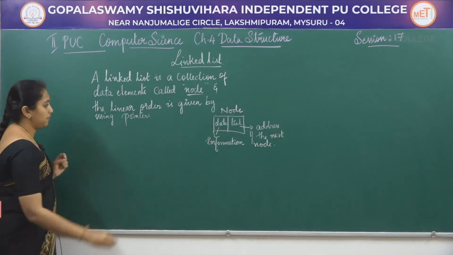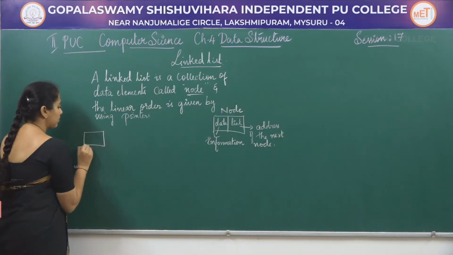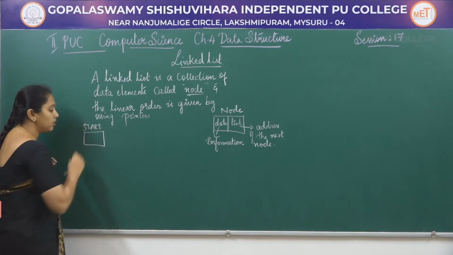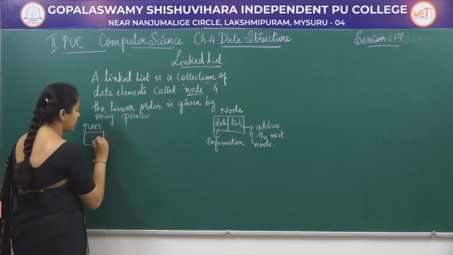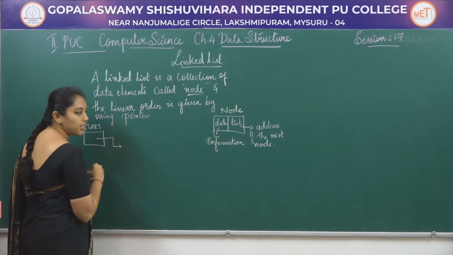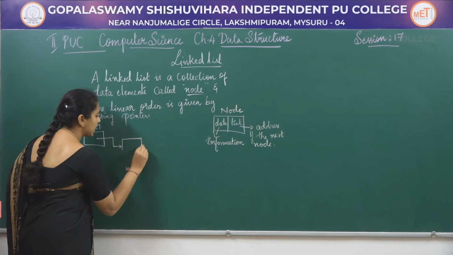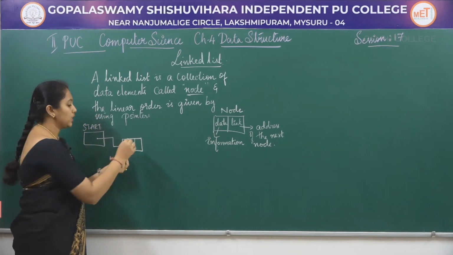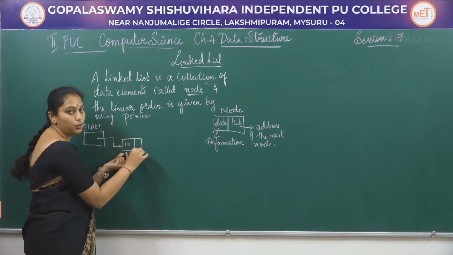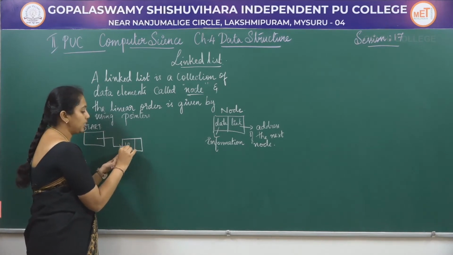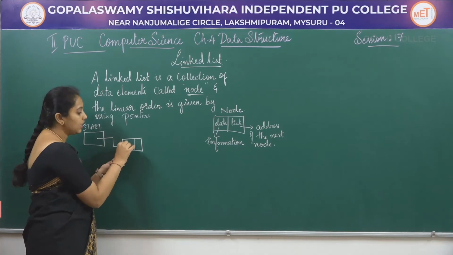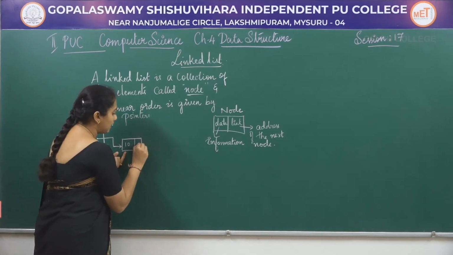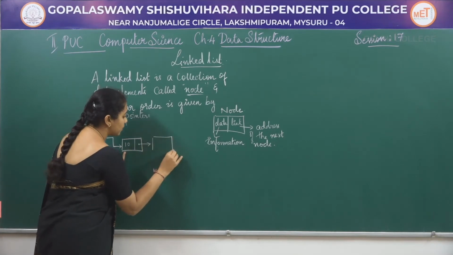Consider an example. This is the start pointer which contains the address of the first node. This node has two parts. The first part contains the information, and the second part is the link part which contains the address of the next node.